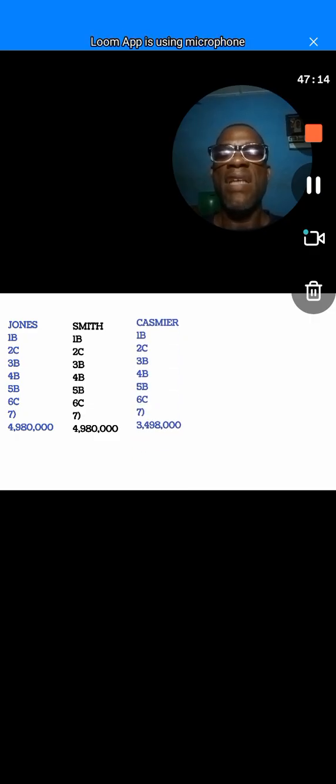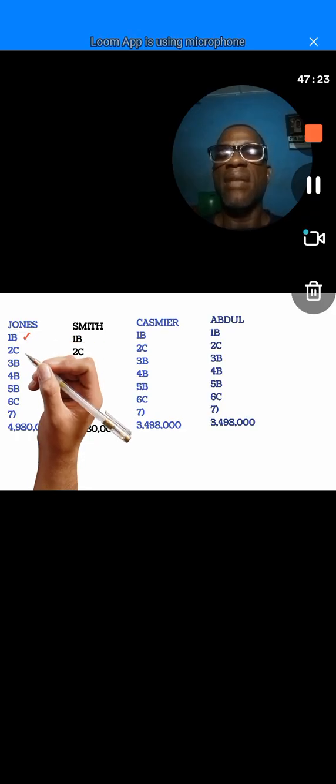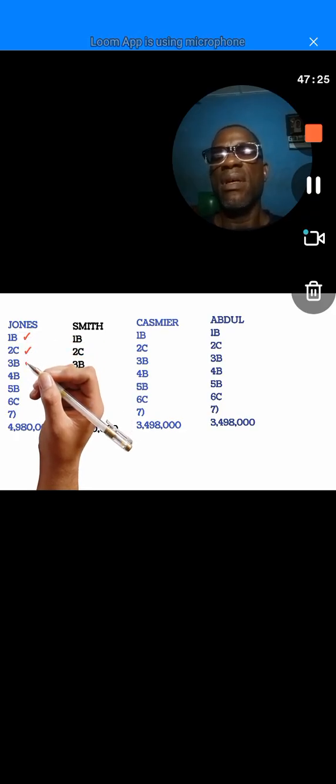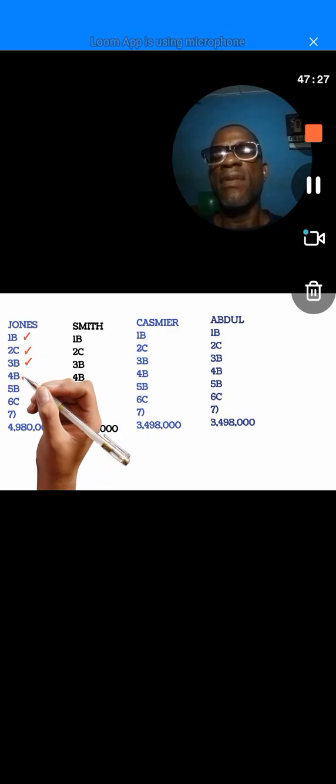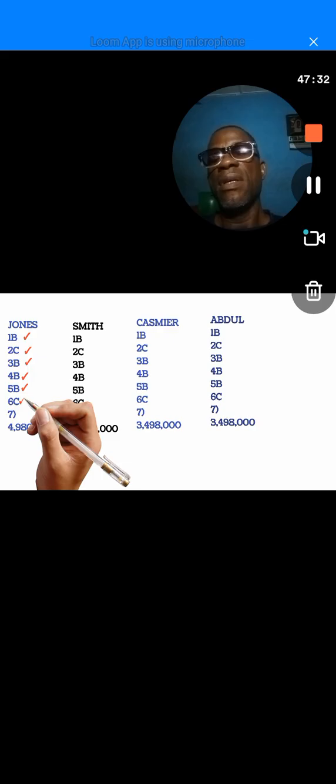Your pencil down now. Jones, Smith, Kazmir, the first three, and Abdul finish. We are not taking another one. We are going to mark this question. 1B, 2C, 3B, 4B, 5B, 6C, and 7.